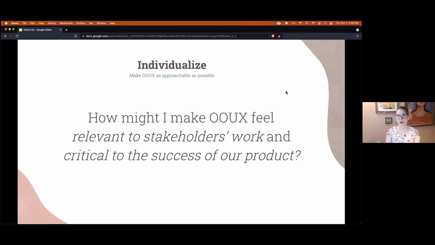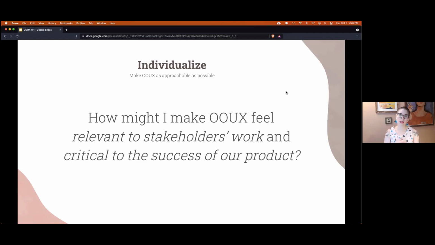And how might I make it critical to the success of the product? So I wanted to mention a little bit of a case study here. Unfortunately, I can't share the designs, but essentially there was this opportunity to really emphasize OOUX as it informed our key user journeys. And so I really wanted to tie this methodology to something that people already understood.